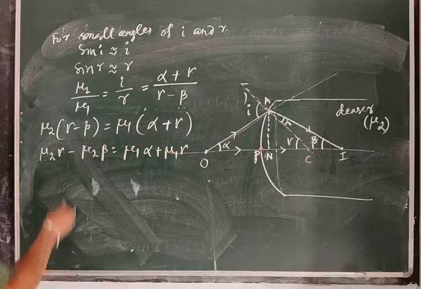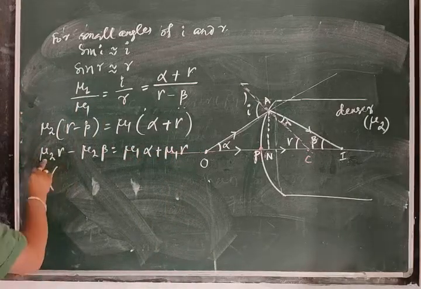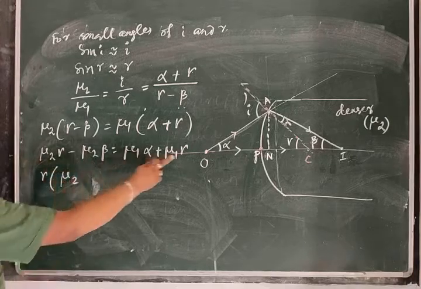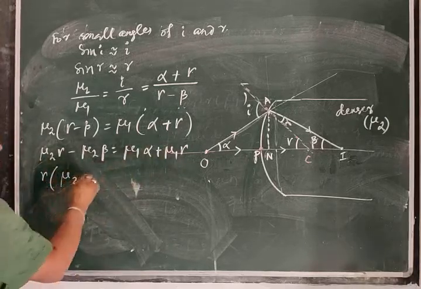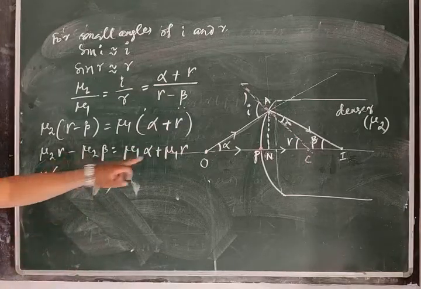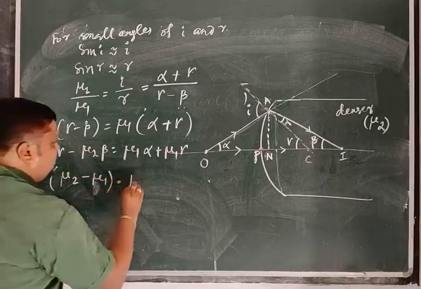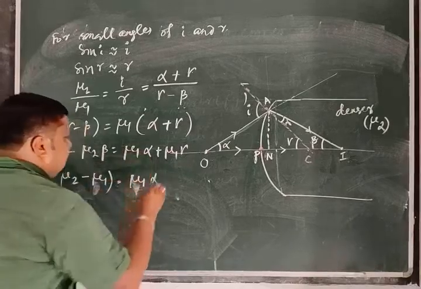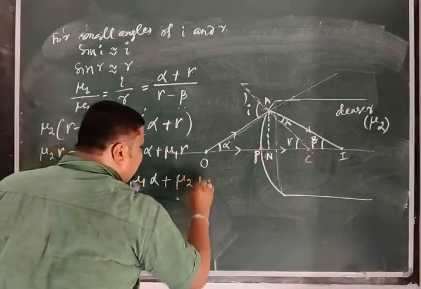Then take gamma common: gamma times (mu2 minus mu1) is equal to mu1 alpha plus mu2 beta.